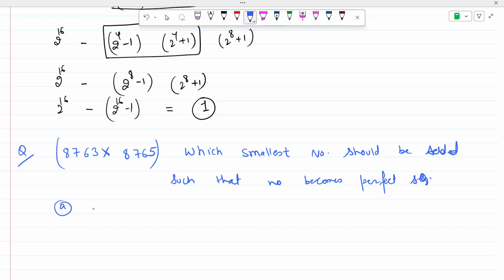Your options are 1, 2, 3. Which smallest number should be added to this product? One second, one second.